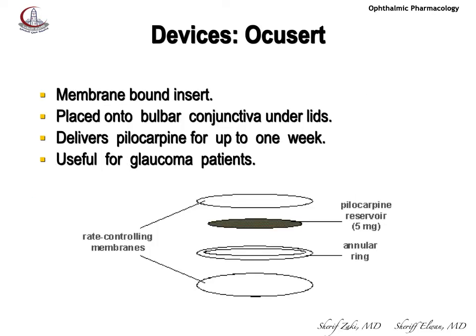Another example of devices is the OcuSert, which is a membrane-bound insert that can be placed onto the bulbar conjunctiva under the lids, and it delivers pilocarpine for up to 1 week and is useful in treatment of glaucoma patients.